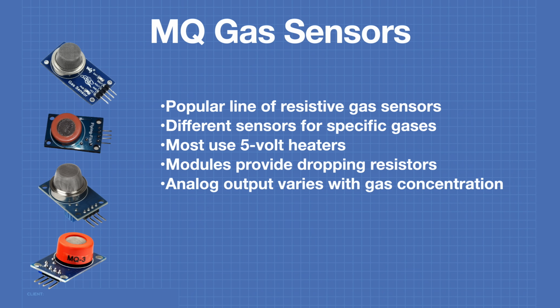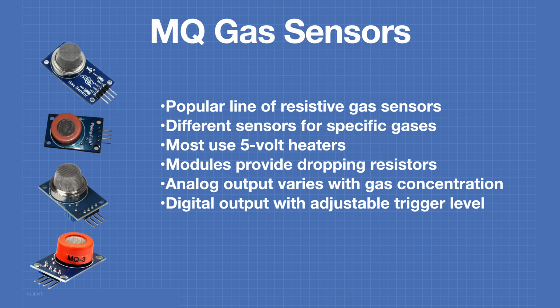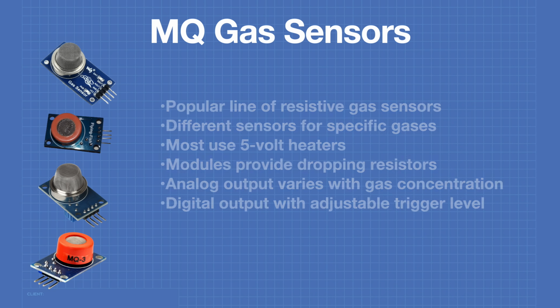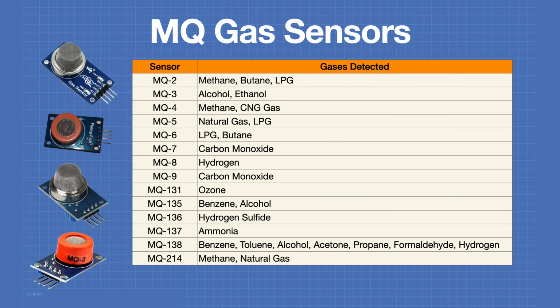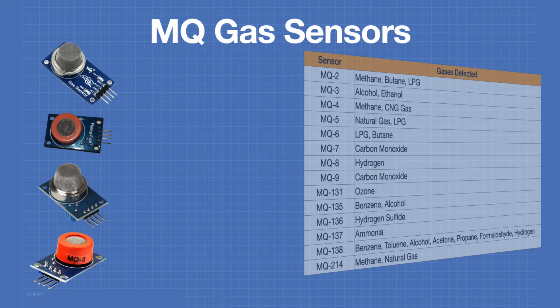The modules have an analog output whose voltage will vary with the concentration of the gas being measured. The modules also provide a digital output that has a trigger point. This can be used when you want to make a simple alarm with one of these sensors. As you can see from this chart, there are a wide variety of MQ gas sensors, each one dedicated to a specific gas or set of gases.